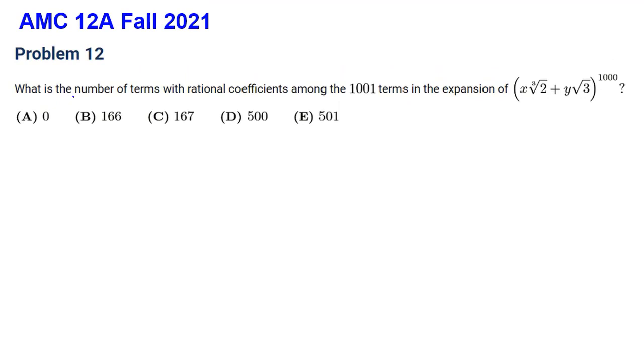It says, what is the number of terms with rational coefficients among the 1001 terms in the expansion of this? Okay. So first, let me tell you, (a plus b) to the n is what? Binomial theorem. You say we have n brackets, a plus b times a plus b times a plus b, n terms.